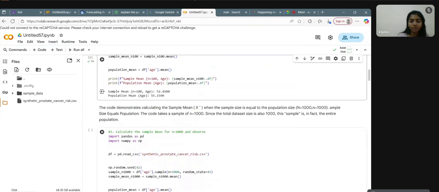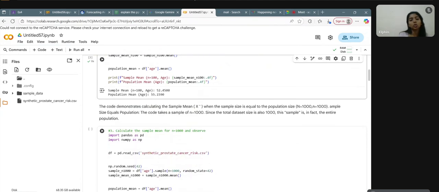Next, calculate the sample mean for n equal to 1000 and observe. Here we are calculating the sample mean when the sample size is equal to the population size, N equal to 1000 and n equal to 1000. There, n was equal to 100, so you can understand the difference between both questions.